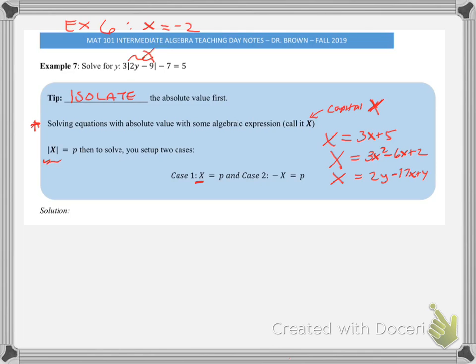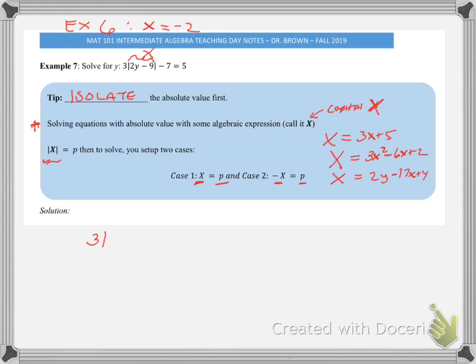And so now we are taking it out into two cases. The first case is, well, that expression is just equal to that number P. And the second case is where negative that expression is equal to P, okay? Because of course we know that the absolute value, the output will always be a positive number because we're talking about distance, okay?